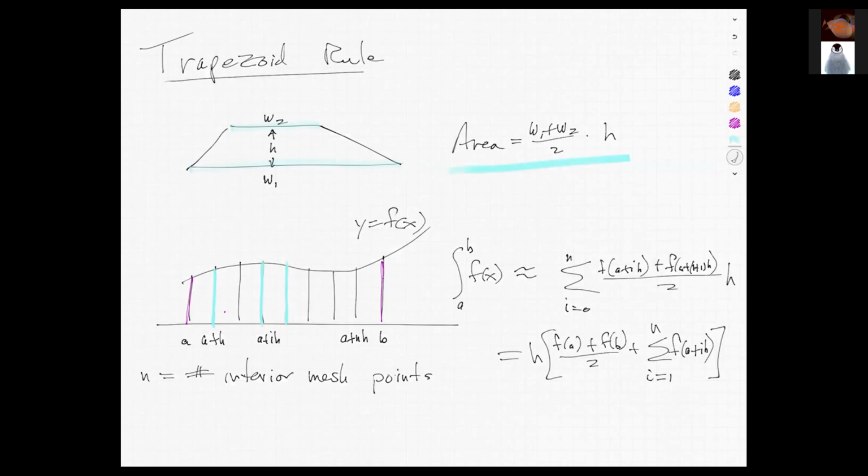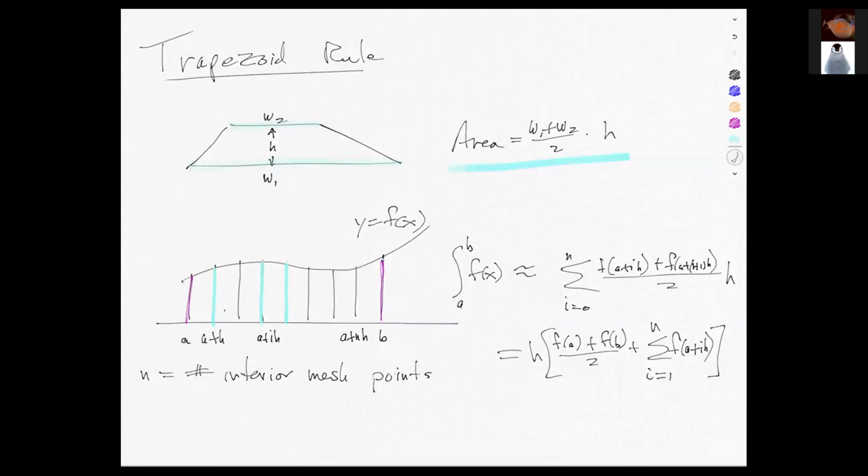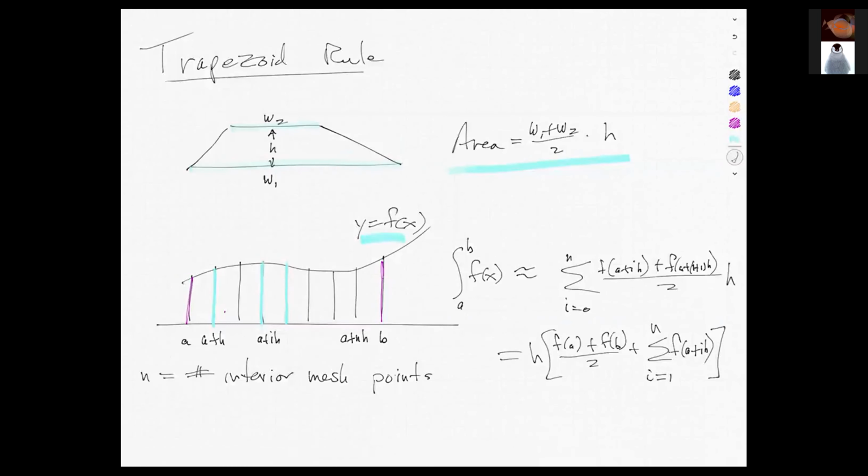So the way I've drawn it here, we could say we've got two different widths, a lower width and an upper width, and we take the average of those two widths and multiply by the height. However, when you think of it, applying it to Riemann integrals, we're going to divide up an area under a curve y equals f of x into small vertical slices.